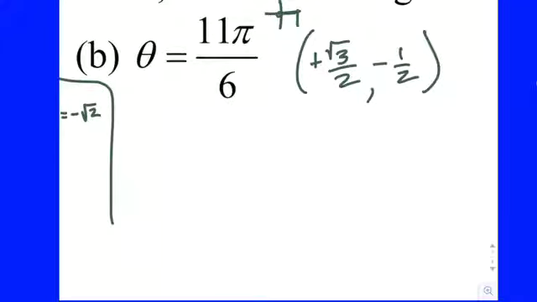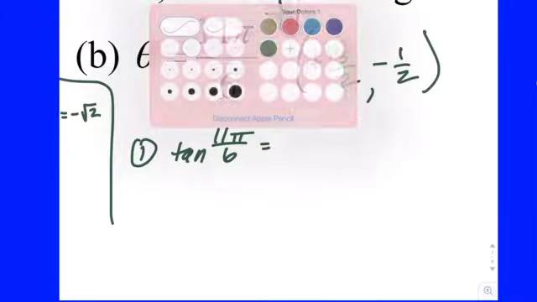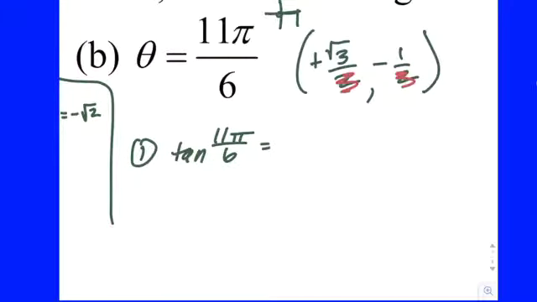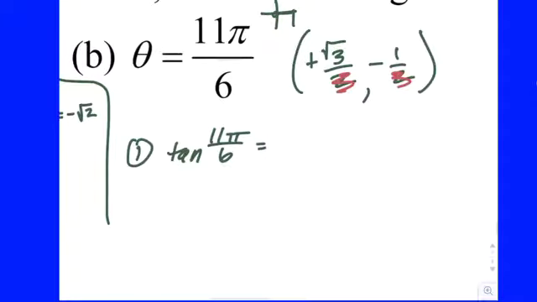Let's do them in random order this time, okay? How about tangent of 11 pi 6? What do you think it's going to be? Tangent is y over x. Remember, for tangent or cotangent, you don't have to worry about the denominators because they're going to divide out. So it's just the numerator of y with the sign over the numerator of x.